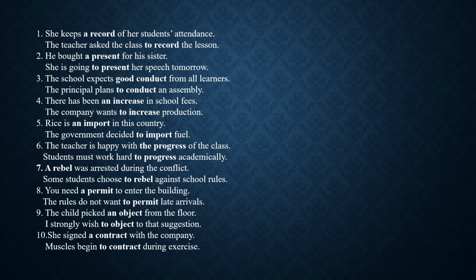Okay, next we want to look at examples of the words formed or stressed as nouns or verbs in sentences so that we see how a word stressed as a noun is used in a sentence and how a word stressed as a verb is used in a sentence. So I have 10 pairs of sentences in which each sentence is using the same word used either as a noun or a verb.